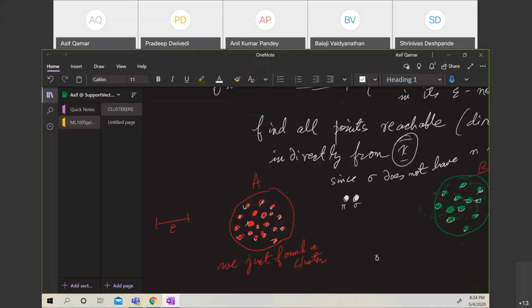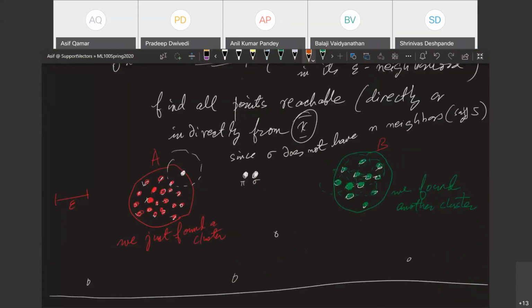If you look at this point, it does not have enough neighbors, but it is reachable from one interior point. You can reach from this to this, isn't it?